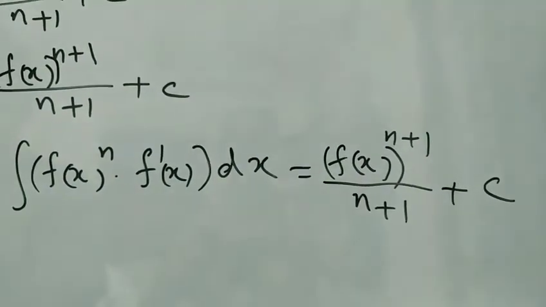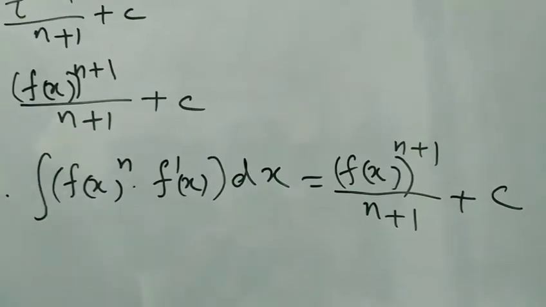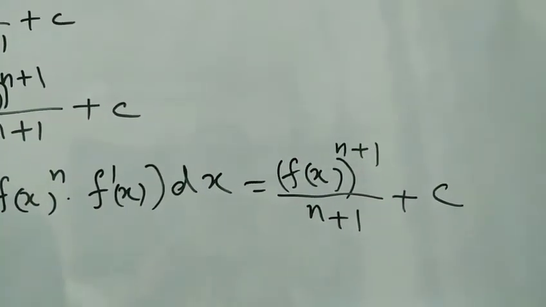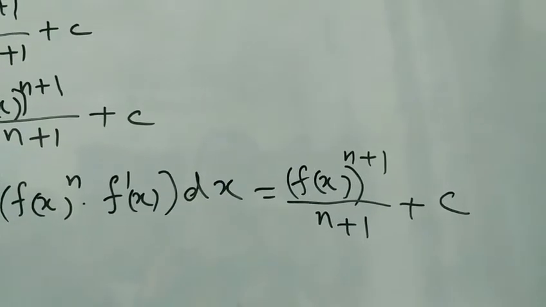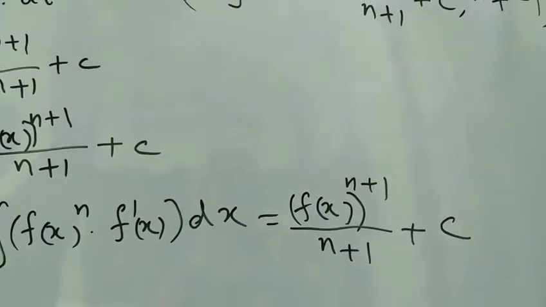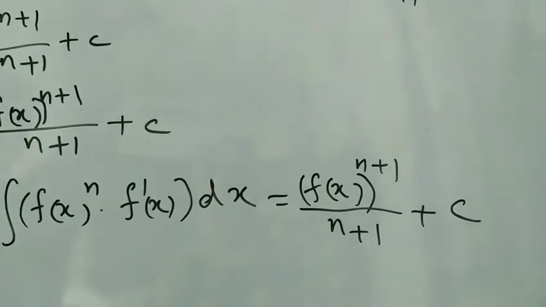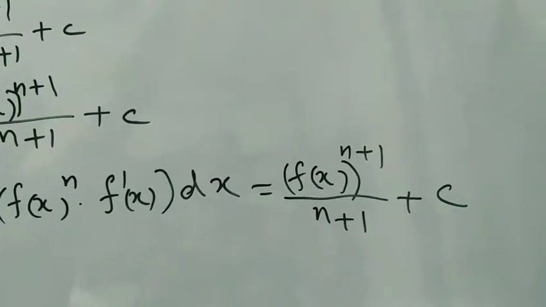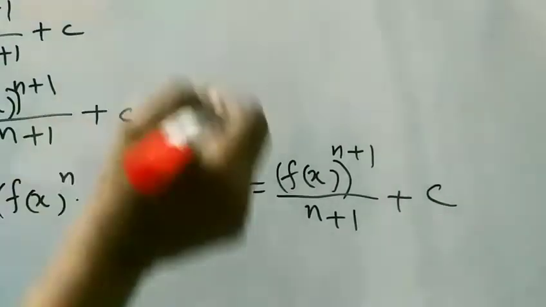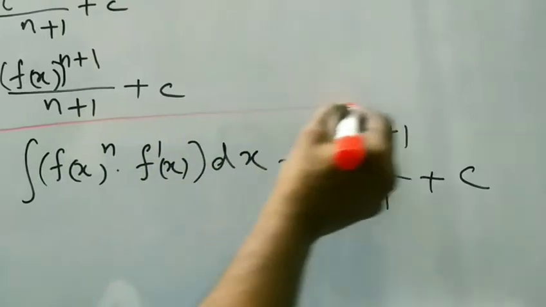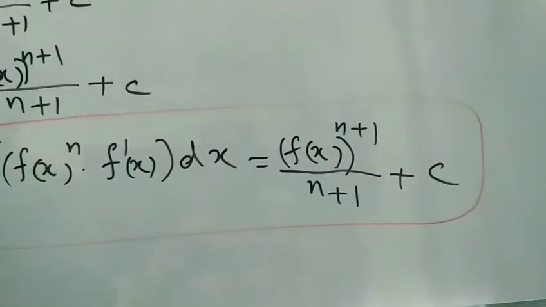This is the required result of the given statement. Integral of f of x whole to the power of n into f dash of x dx is equal to f of x whole to the power of n plus 1 by n plus 1 plus c. That is this. Just we have proved this.